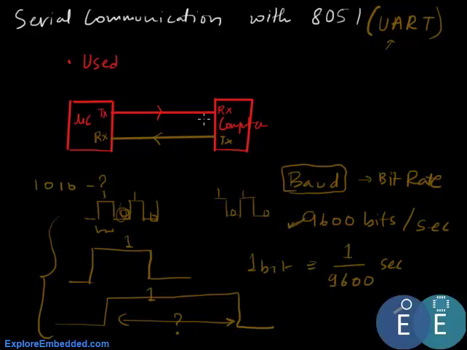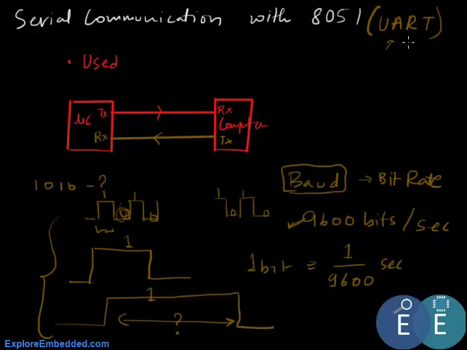So if both the devices agree upon a common baud rate, then we can determine the durations of ones and zeros that are transmitted. This is asynchronous communication, wherein both the devices agree upon a common data transfer rate, and that rate is called the baud rate.